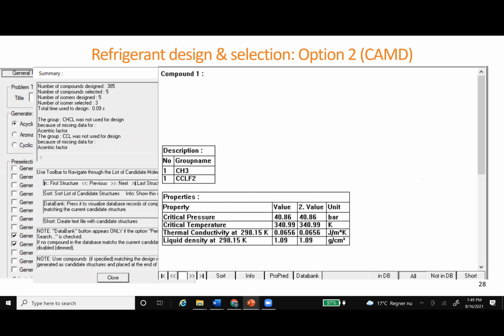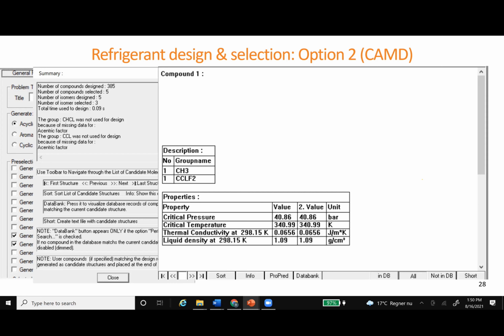So let's see the properties. The properties given were the critical temperature, critical pressure, thermal conductivity, and liquid density at different temperatures. So these were the target properties. The acyclic hydrocarbons plus fluorine and chlorine can be mixed.